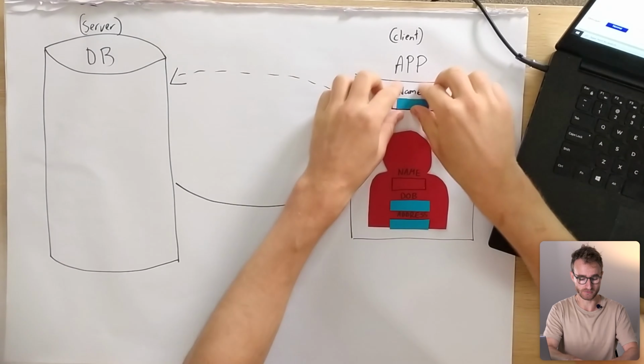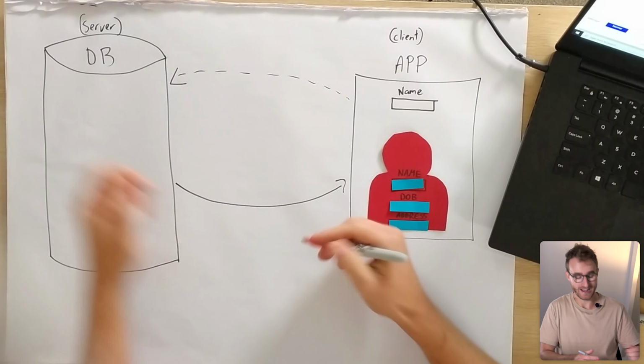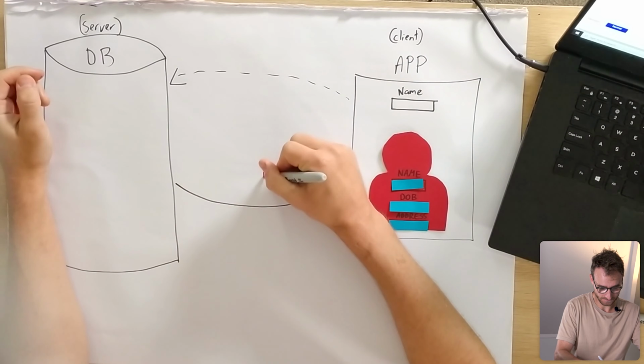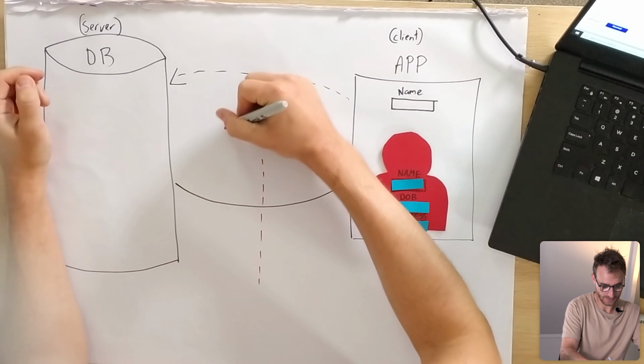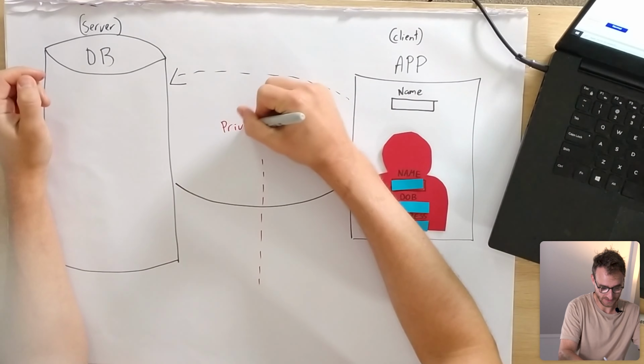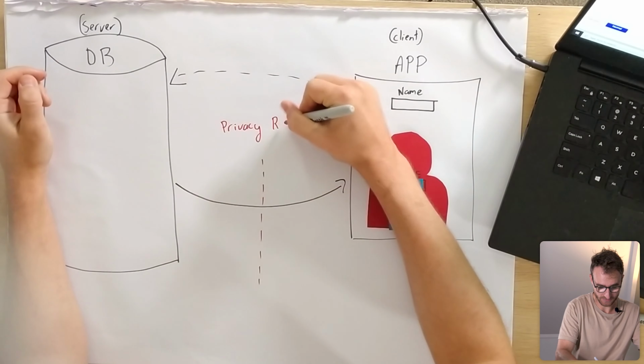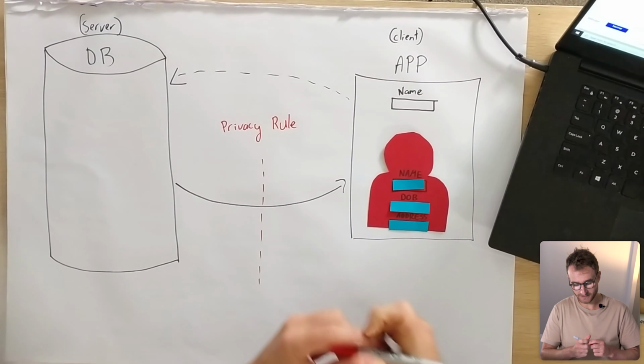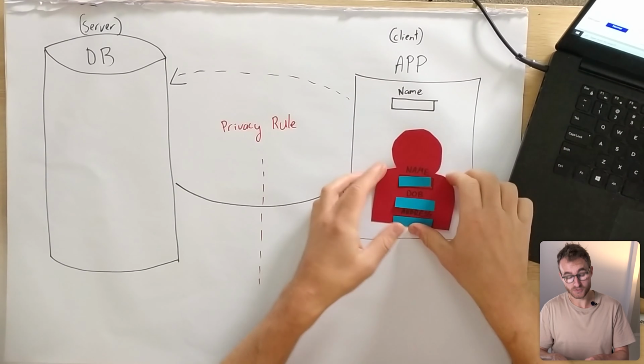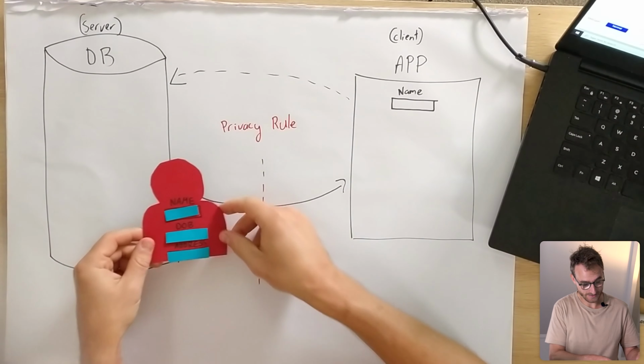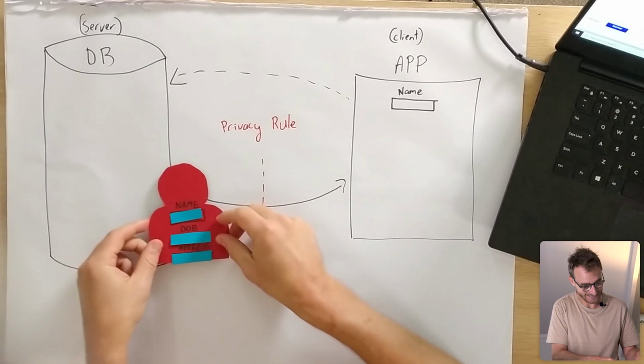So where do privacy rules come in? Privacy rules act like a filter. Pretend this is a privacy rule. A filter which every object, like this user, that gets passed to the application has to pass through.